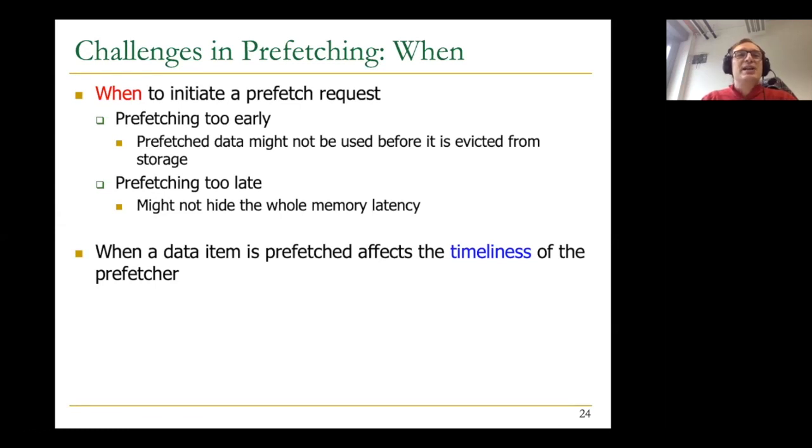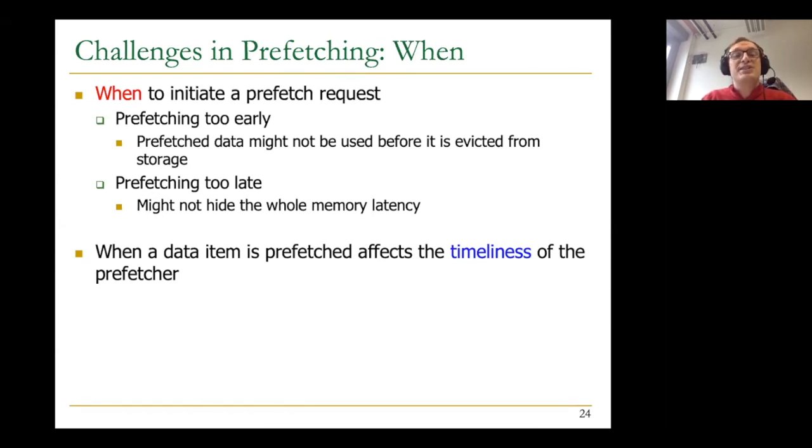Which is how many requests that I have sent were used by the processor, and how many of them were actually in the cache when they were used by the processor. So you take the ratio of the second one to the first one: how many of the useful prefetch requests were in the cache when the processor needed them, divided by how many useful prefetch requests I sent. So that's one definition of timeliness.